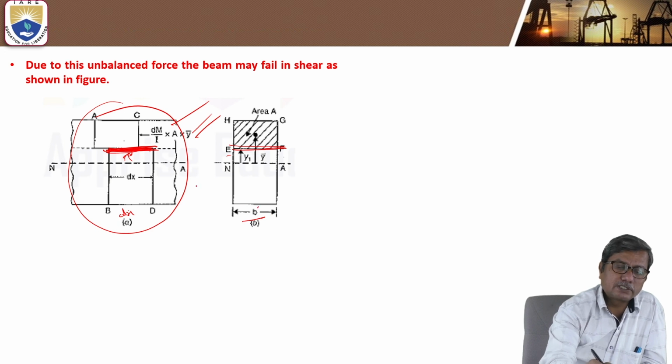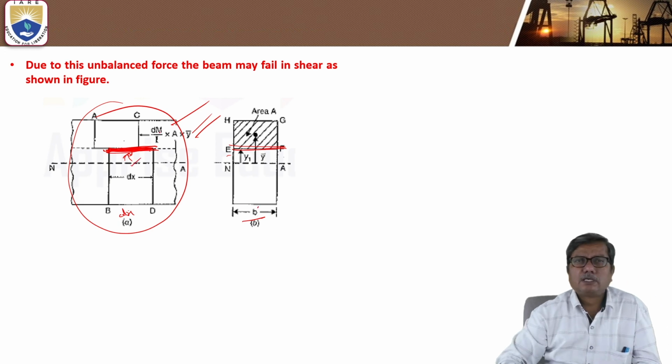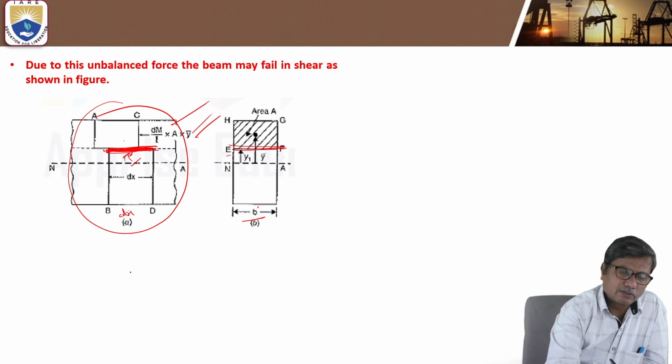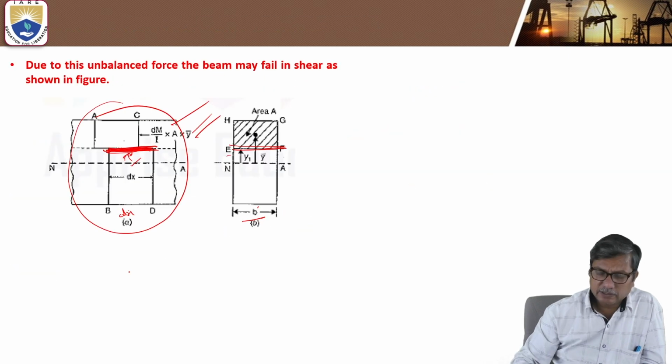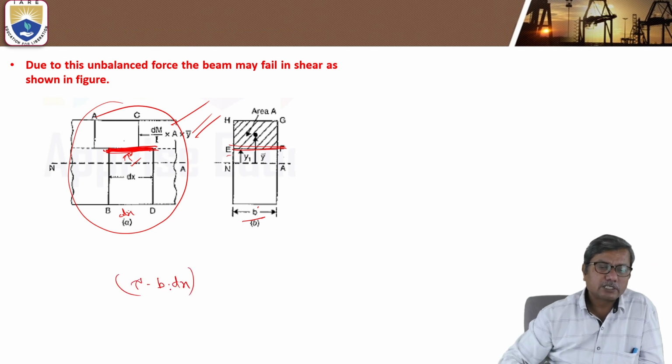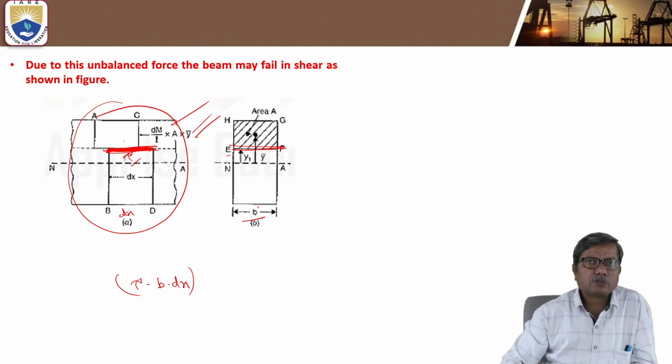The area on which this shear stress tau acts is B dx. This is equated to the unbalanced force above the level here.